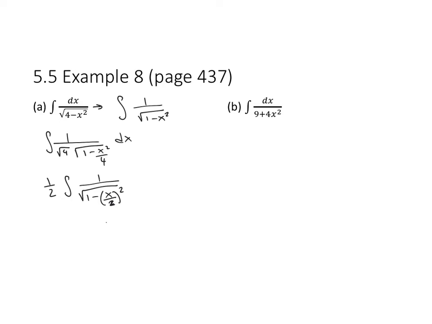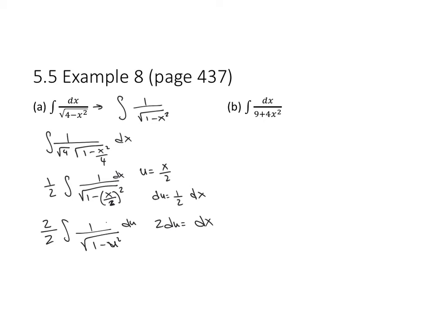And now we can use our u substitution. My u is x over 2, and then my du is 1/2 dx. So then if I just want to get the dx by itself, I have 2 du is dx. So now I have 2 over 2 times the integral of 1 over the square root of 1 minus u squared du.